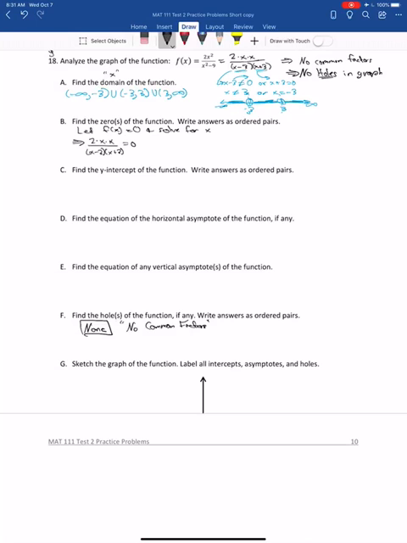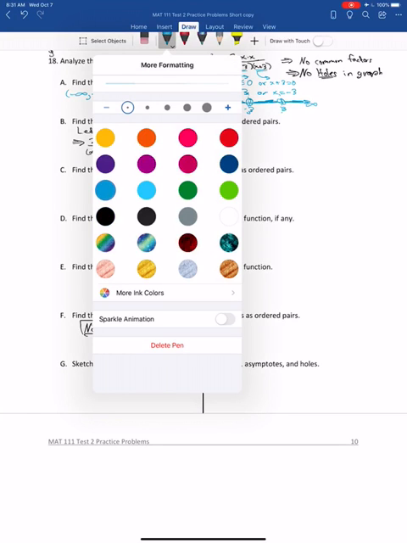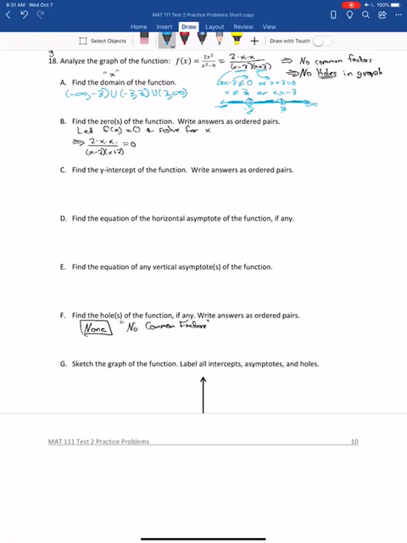All right, we want to set that equal to 0. Of course, as we solve for x, we know we're going to clear out the fractions. So we're going to multiply both sides by the LCD. And you notice as we do that, we can divide out the common factors of x minus 3 and x plus 3, and we're just left with the numerator equal to 0. That's true with any rational function: we're just setting the numerator equal to 0.